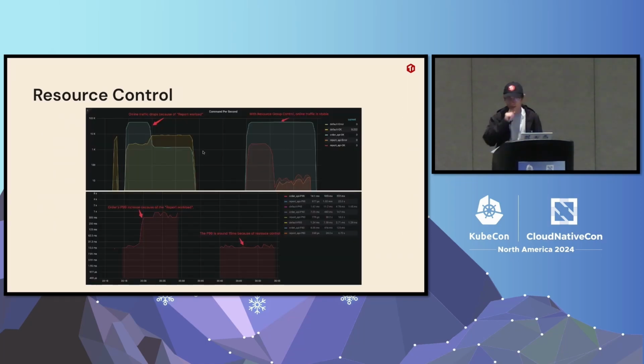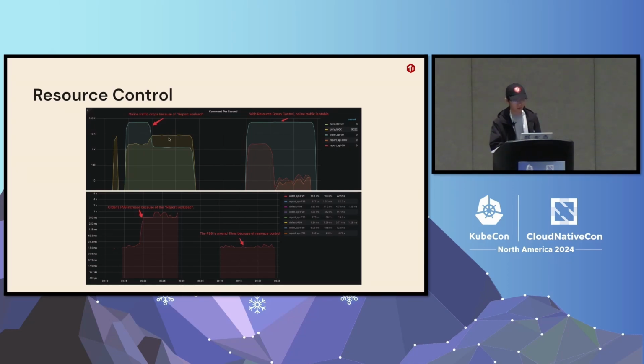Let's see the test result of a use case. The left part is where we don't apply the resource control feature. The blue one is where we simulated the order application, and the yellow one is the report application, which has a huge impact on the online traffic.